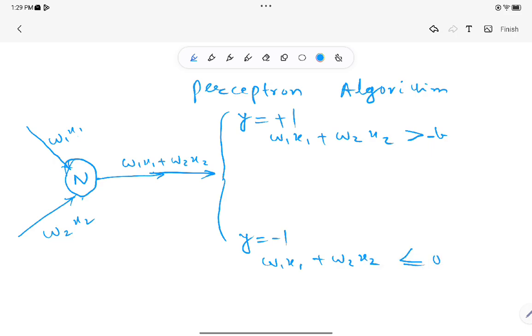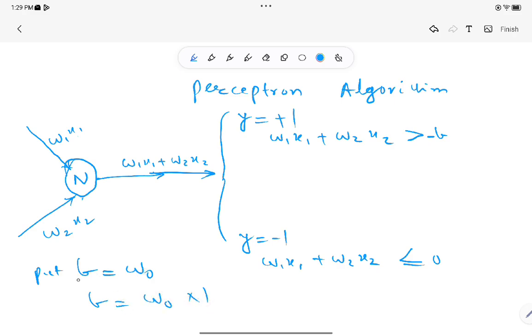For this condition, we change the form of b. We have already discussed this: we put b equal to w naught and multiply this w naught by 1. W naught is another name of b.